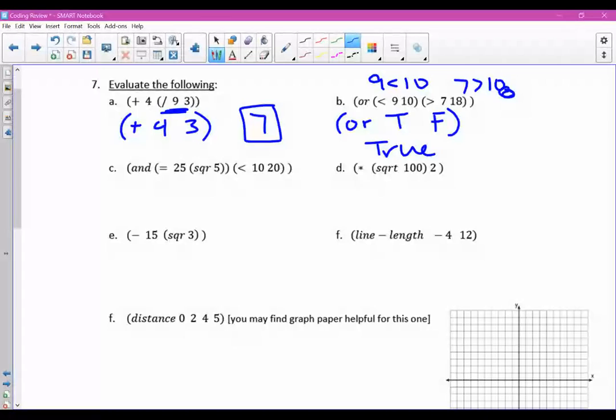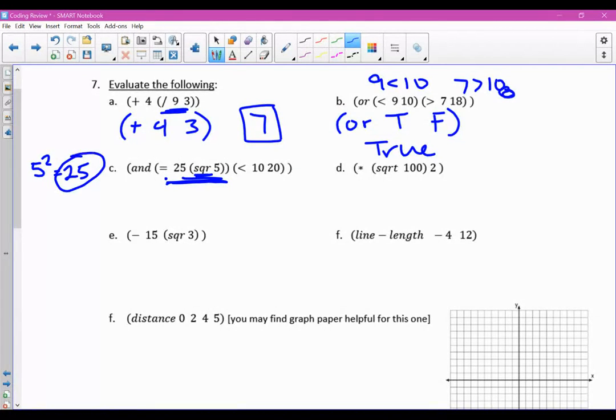Okay, letter C, and equals 25 square 5, less than 20 or less than 10, 20. So SQR, remember that's the square function. So 5 squared is equal to 25. So this piece on the inside here is asking me, is 25 equal to the square of 5?